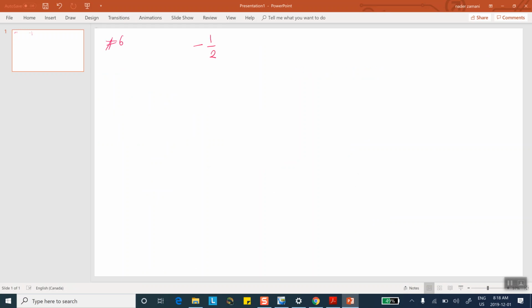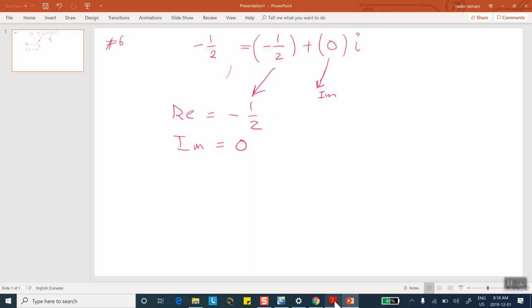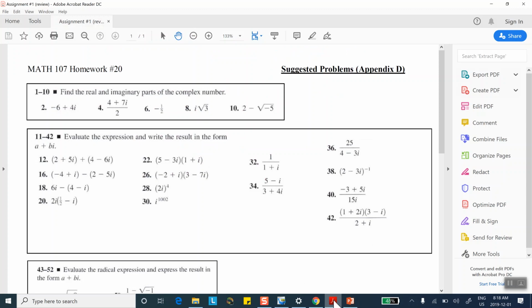Notice that there's nothing in here that has an I, and therefore we can always think about it as minus 1/2 plus 0 times I. So this piece, the real part, is equal to minus 1/2, and the imaginary part is equal to that guy. It's the imaginary part, okay? 0.